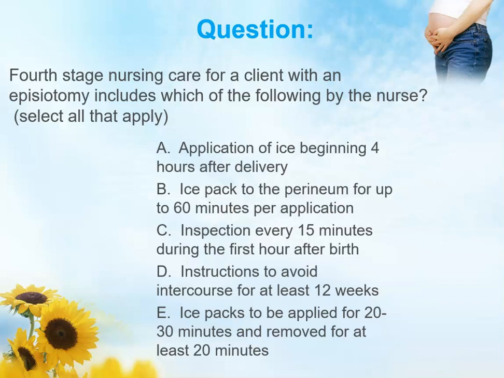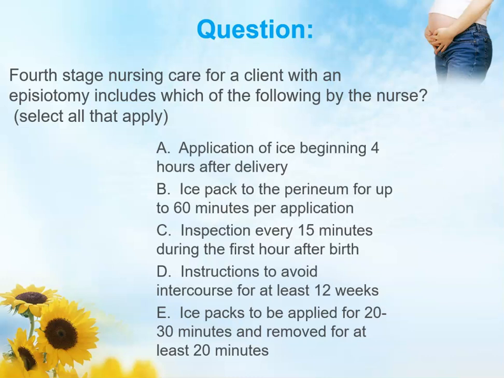C, inspection every 15 minutes during the first hour after birth. Yes, we're looking at her bottom. So it's not just the vital signs every 15 minutes, but we're also looking at her bottom, making sure it's still intact and there's no dehiscence of stitches or sutures coming apart. We want to make sure she's not hemorrhaging, that her uterus is clamping down. So those checks are not just inspecting her bottom and vital signs. We also need to feel her abdomen.